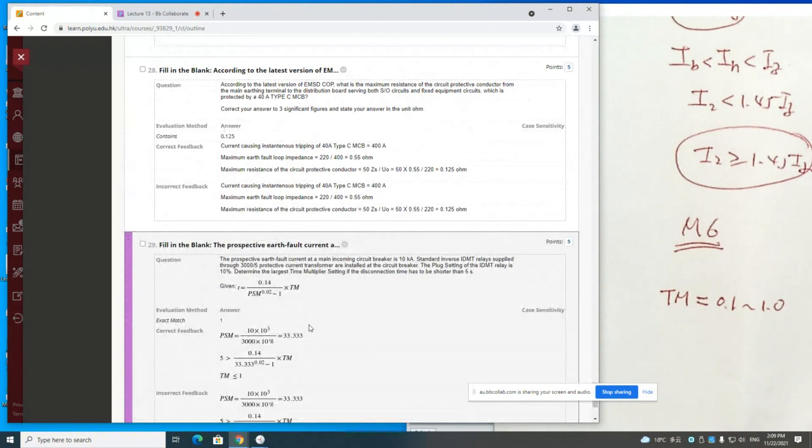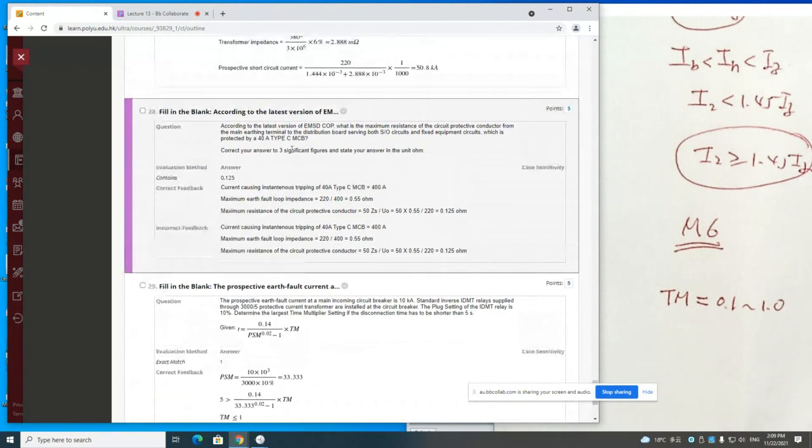The other things, okay, for this one, according to the latest version of EMS DCOP, find the maximum resistance of the circuit breaker or circuit protected conductor from the main earthing terminal to the distribution board serving both socket circuit and the fixed equipment circuit, which is protected by a 40 ampere Type C MCB.